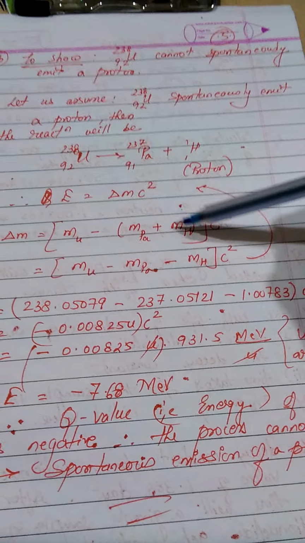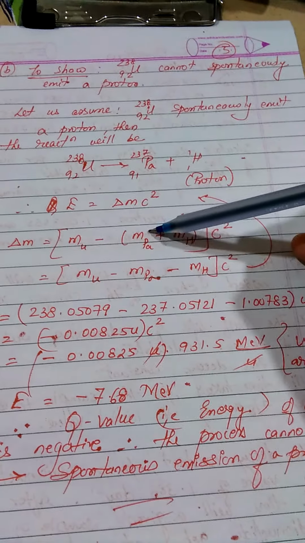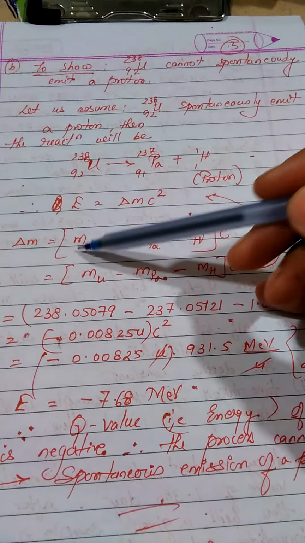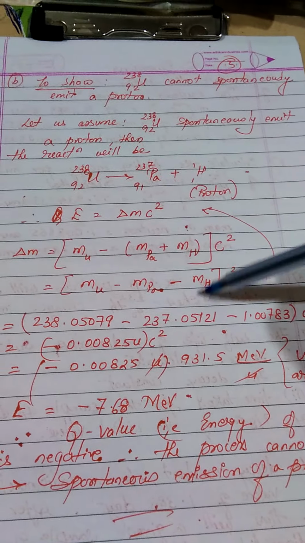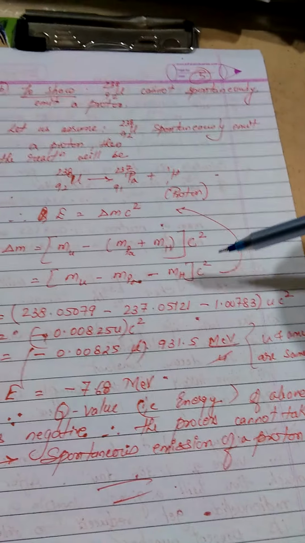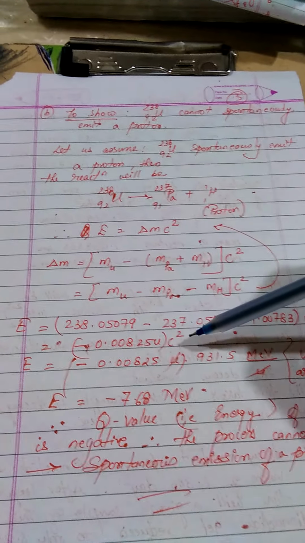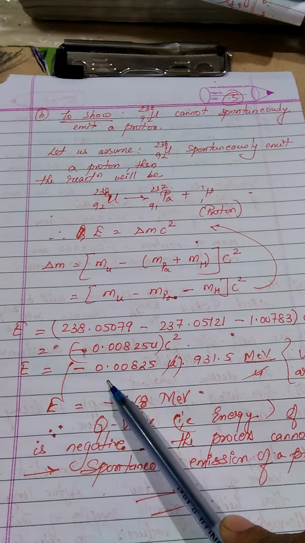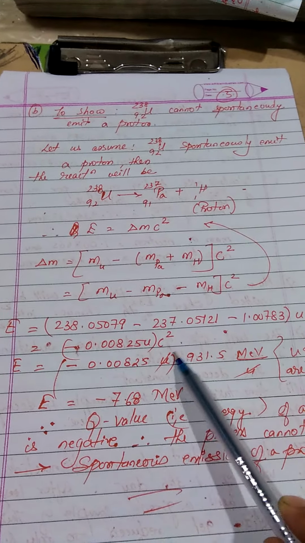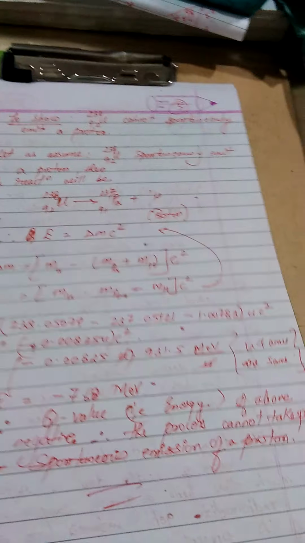Again substituting the values, all these masses of H, Pa and uranium are provided to us. I will substitute it and then I will get the value as again the mass in atomic mass unit times c square with a negative sign, and I am replacing this c square with mega electron volt per atomic mass unit.